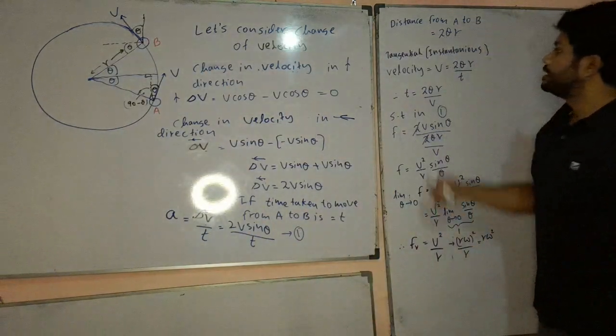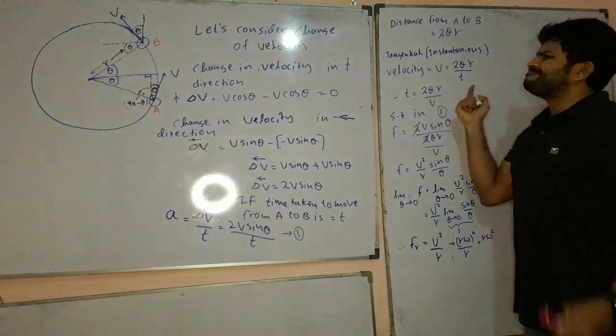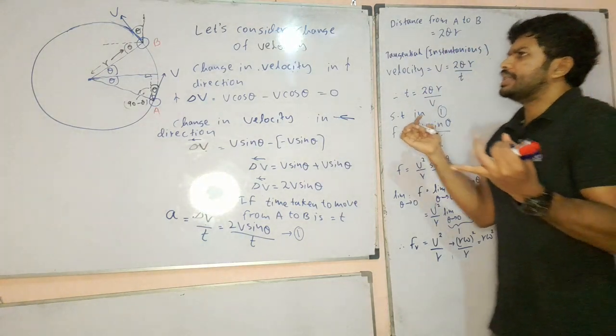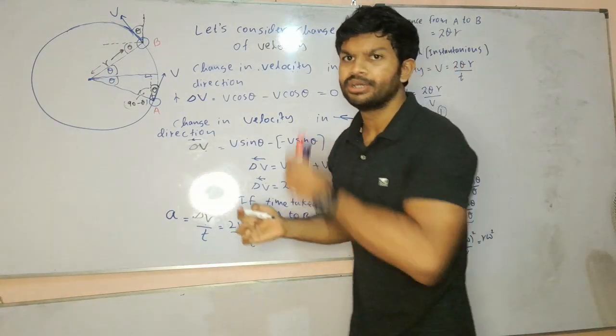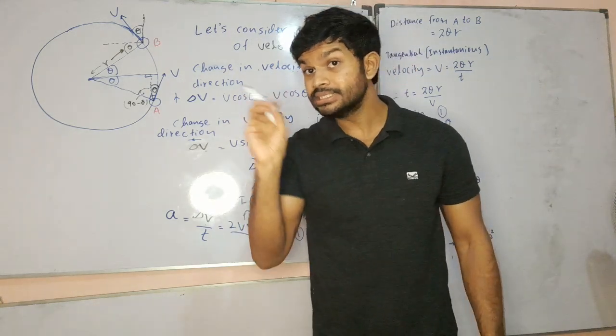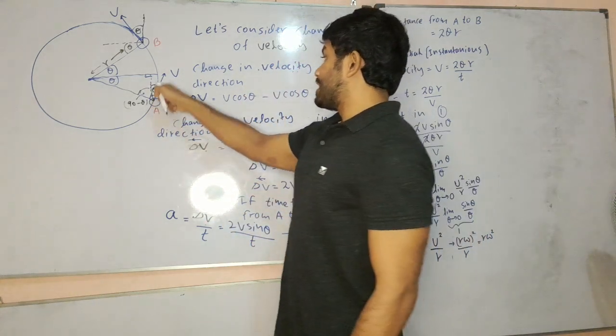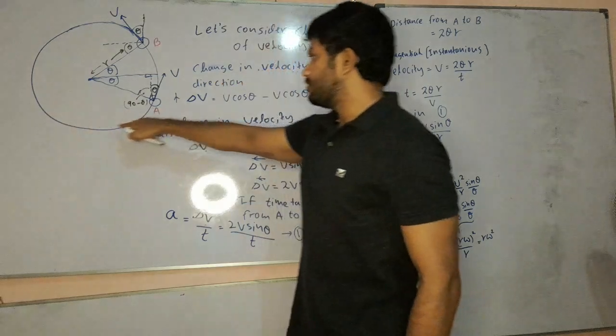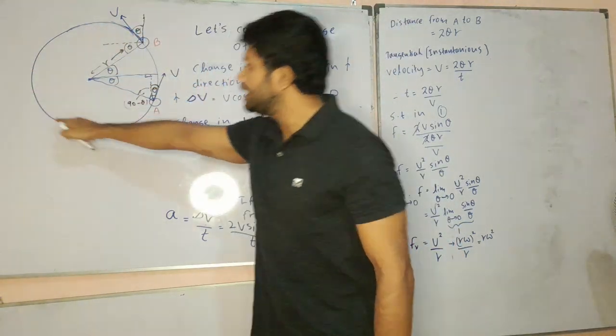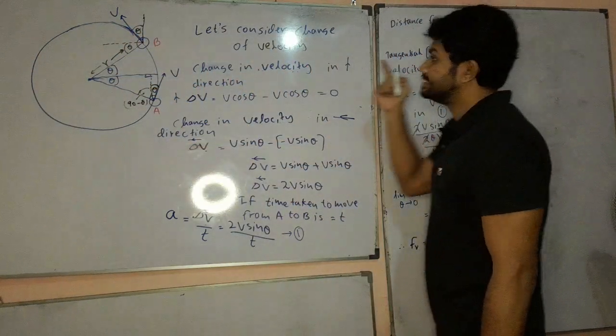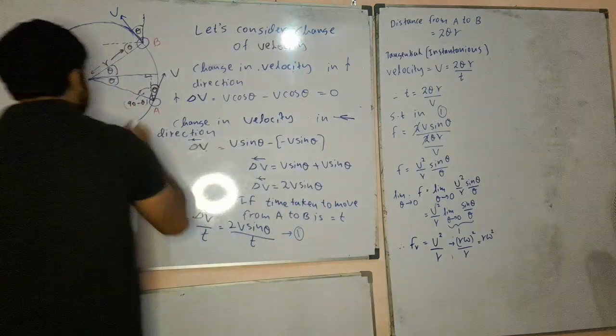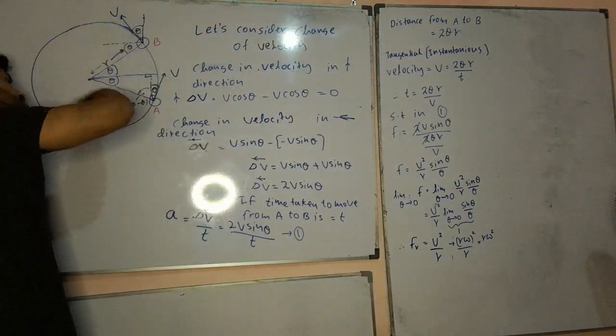Okay, fine. Then tangential, what is the tangential? No worries. Tangential means here, this is a constant. We know that here the speed is constant, or you can say it is the instantaneous speed, because the speed doesn't change.